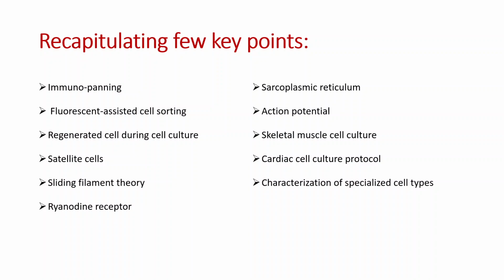Next, we had discussed the ryanodine receptor and the sarcoplasmic reticulum, which are also associated with the skeletal muscles. Next, we have discussed at length the skeletal as well as the cardiac cell culture protocol. And last, we had learned how we can characterize these specialized cell types in our culture model.